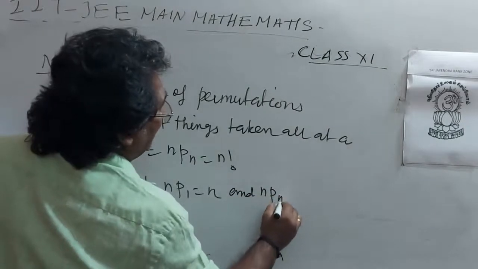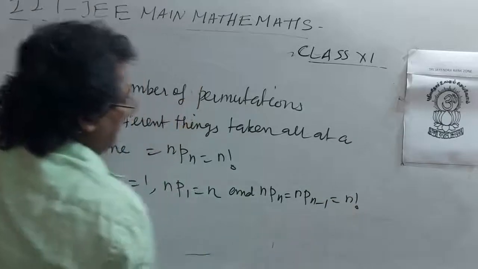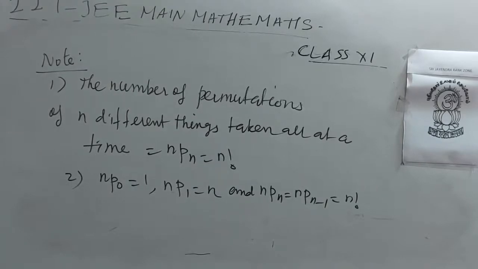Also nPn equals nP(n minus 1), so nPn equals n factorial.